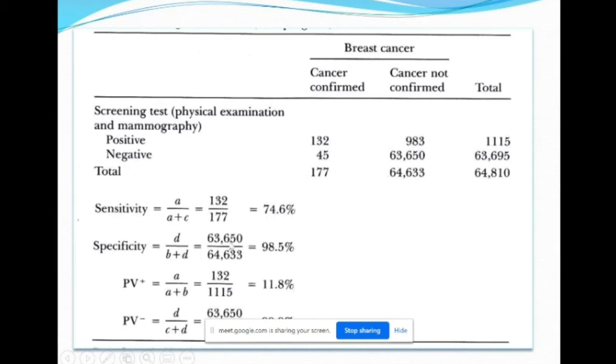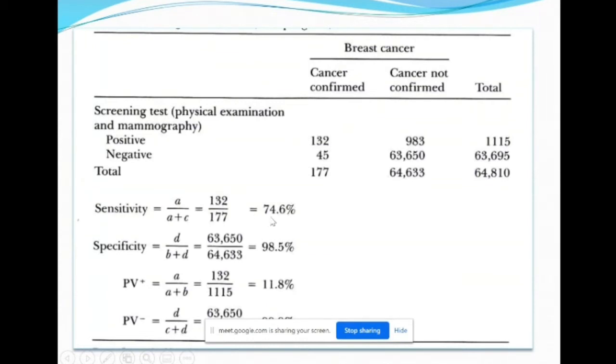Of course, all these measures of validity of screening tests are expressed as percentages, which means each of these calculations is multiplied by 100. The specificity here was found as 98.5%.